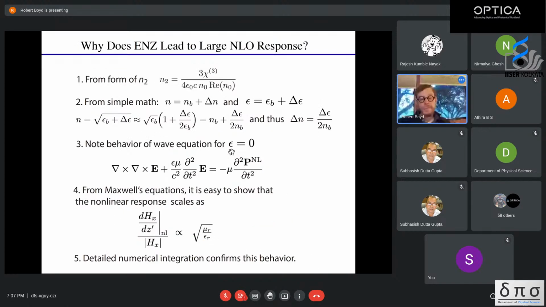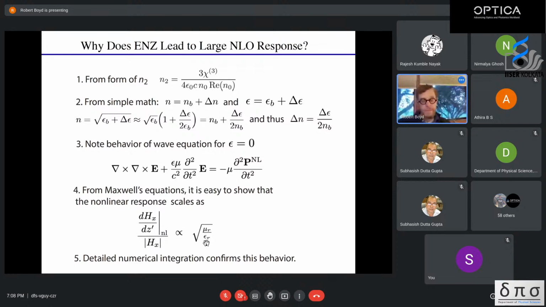Something else. Here's the wave equation. Usually we think that the nonlinear polarization is a small perturbation to the propagation of light. But in an epsilon near zero material, this term disappears entirely, and the only thing governing the propagation of light is the nonlinear polarization. Just from Maxwell's equations themselves, you can manipulate them to show that this quantity on the left, the normalized growth rate of some nonlinear process, is proportional to the square root of mu over epsilon.